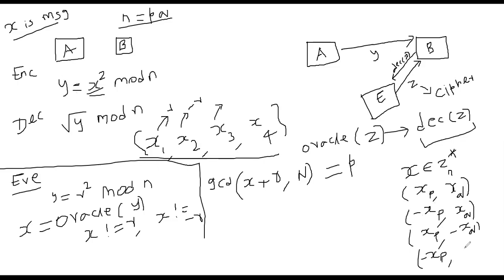So these are the 4 square roots of y. These are the only 4 possible square roots. That's why I said there are 4 square roots here. Now let's pay attention to all of these 4 possible square roots.